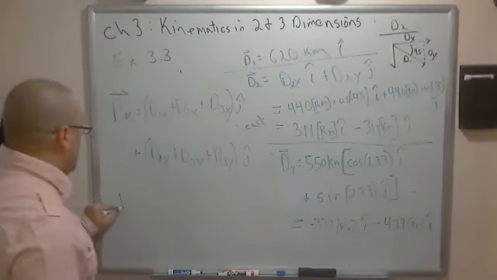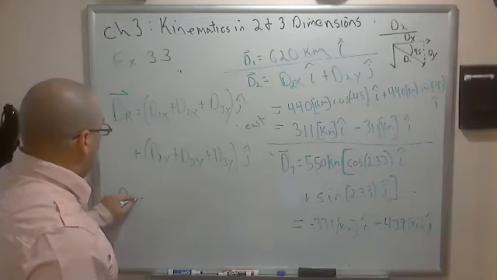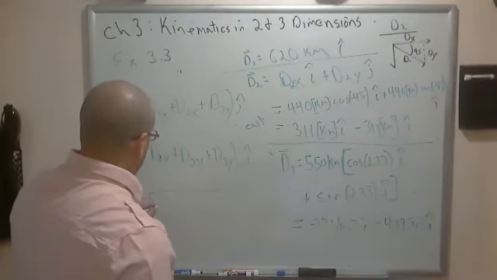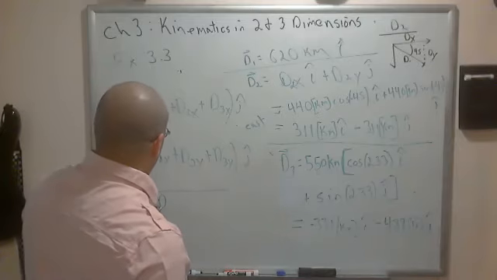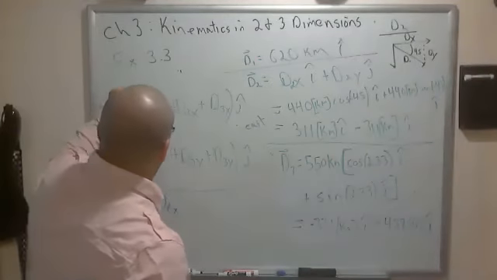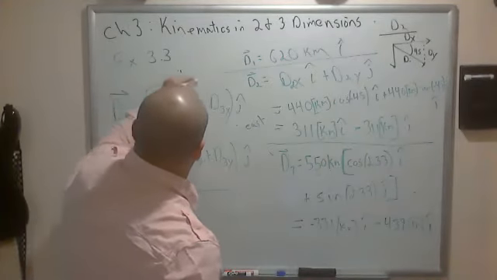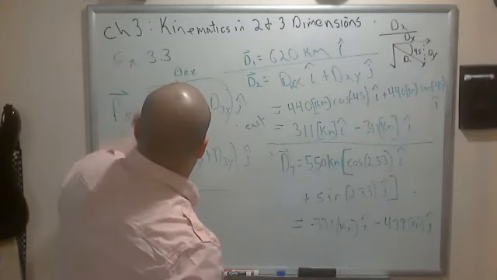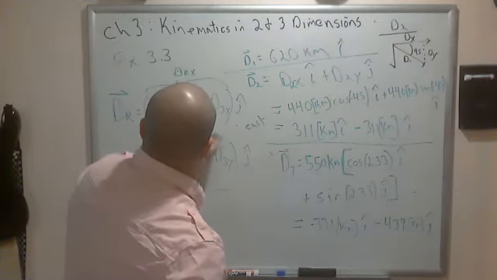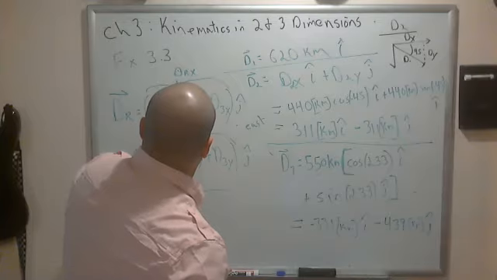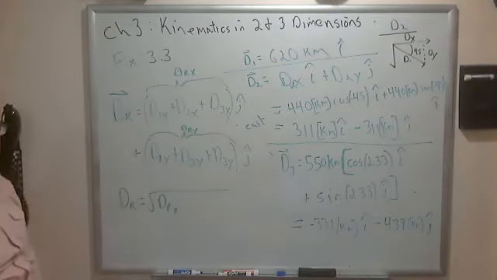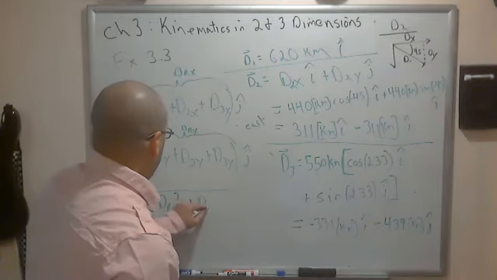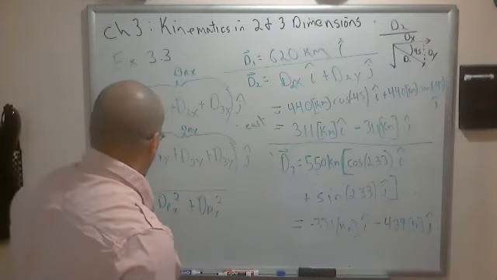And then the magnitude of this vector is given by Pythagorean's theorem, where we would take drx squared plus dry squared.